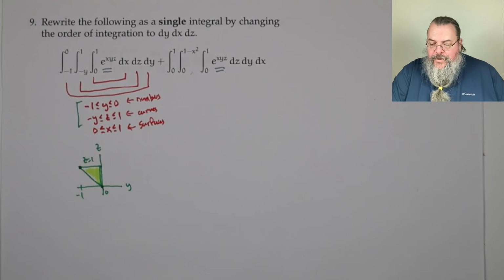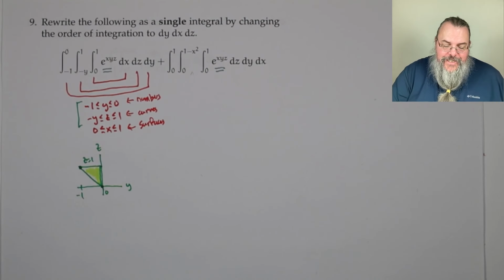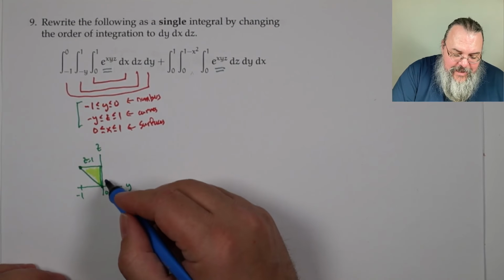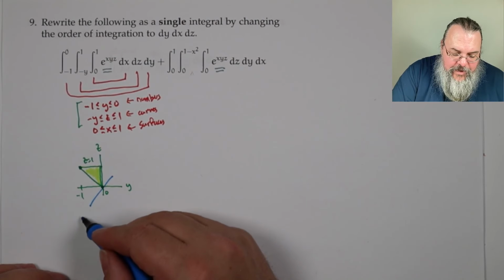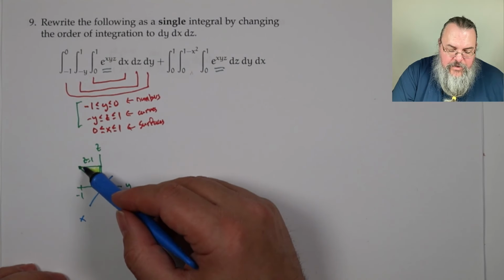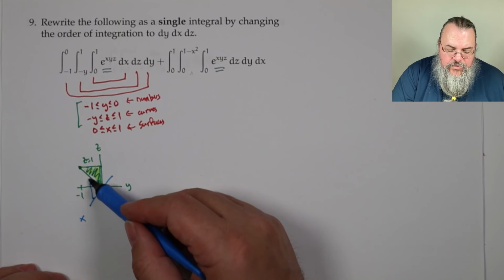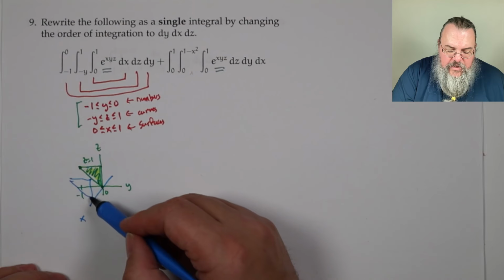Now, what happens when we go to 3 dimensions? Well, when we add our third dimension, it's x. And actually, it slots in really nicely. We're going from x equals 0, which is this part right here, and we just move straight across to x equals 1.